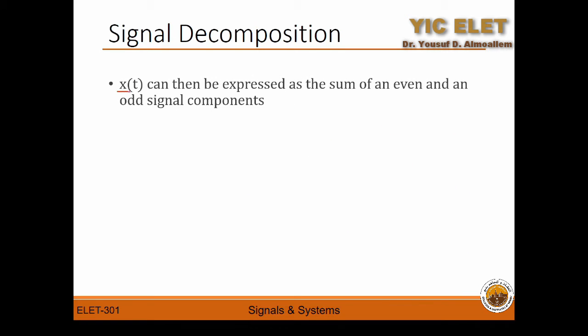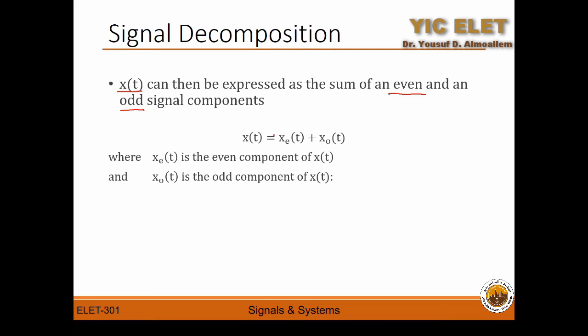Now x of t can be expressed as a sum of even and odd signal components. As we can see from this expression, x of t is composed of the even part and the odd part of the signal.